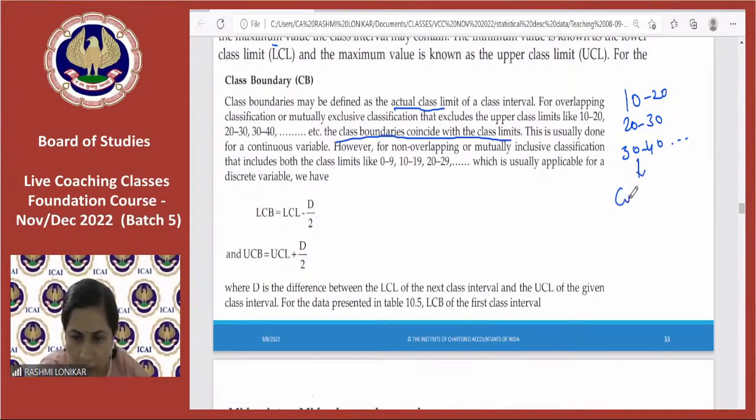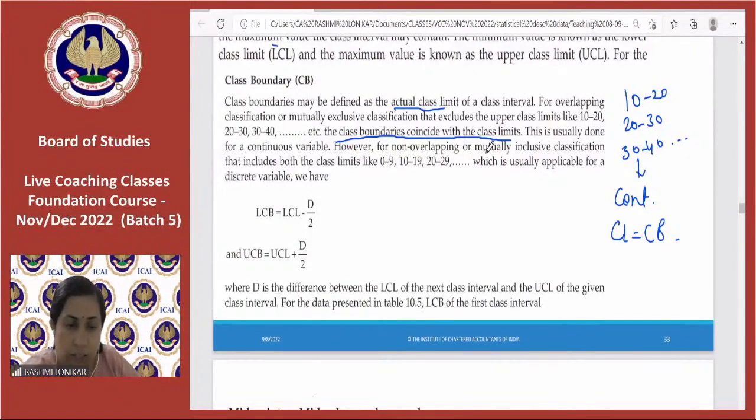So for continuous variables, class limit is equal to class boundary. However, for non-overlapping or mutually inclusive class intervals, we have to include both the class limits.